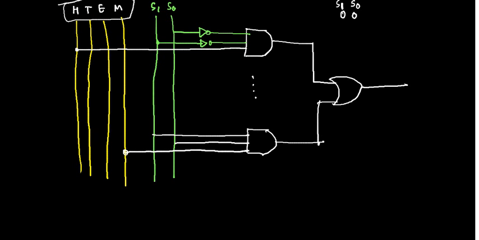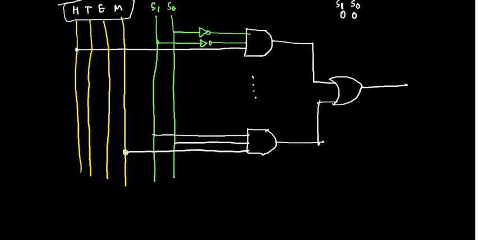What I'm saying is for S1 and S0 as 00, you have all 16 combinations of HTEM. Whatever the combination of TEM, I just need to transfer H there, right? So I'll make sure these two are connected, and the others will be ones, and so on.